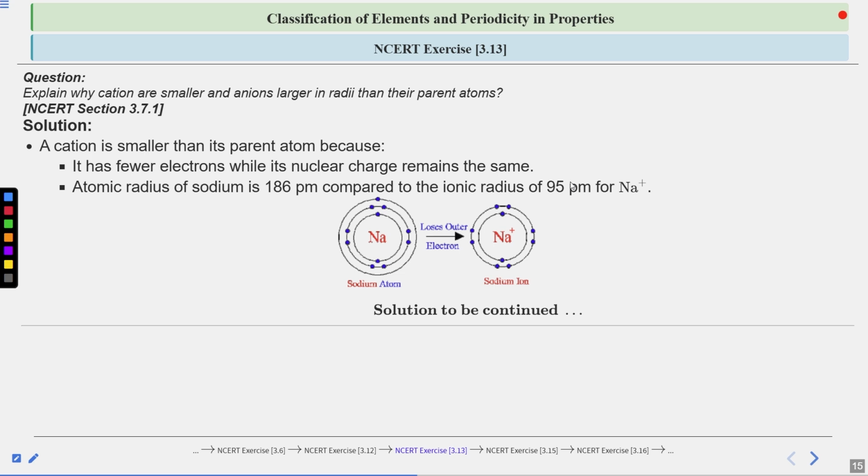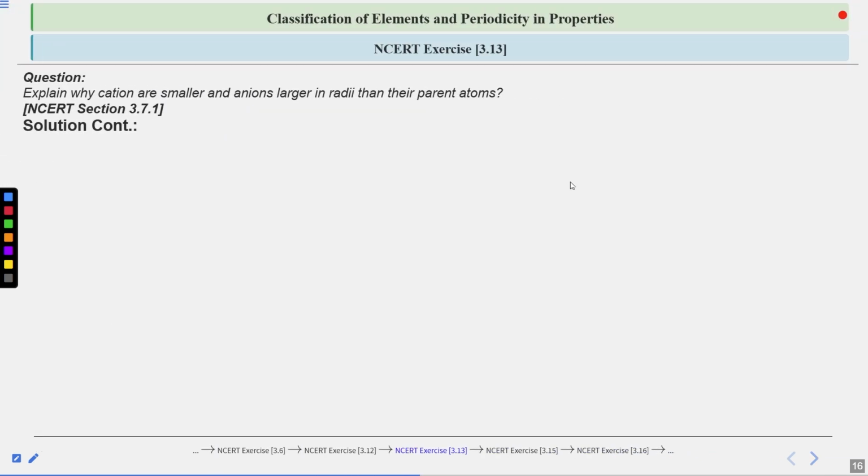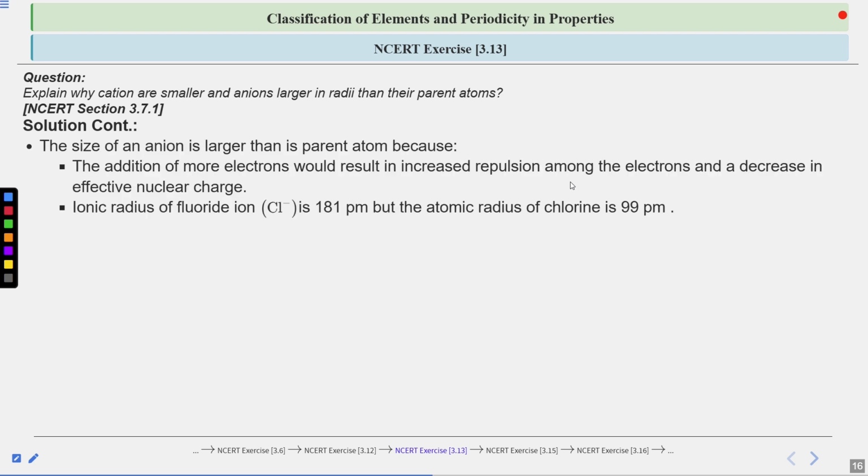Now similarly, we will consider the anionic part. Now what happens in case of anion? We'll try to understand it one by one. First point is that the size of anion is larger than the parent atom. This is given in the question, and it is an important point to remember. Now why is it happening?